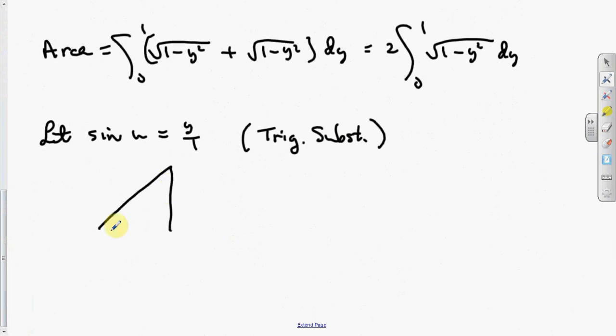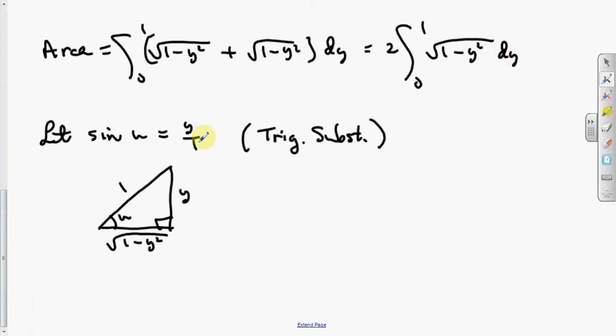So if that's the case, we have that right triangle. Here's some angle u. Sine u equals y over 1, so y is the opposite over 1, the hypotenuse. If you calculate using Pythagoras' theorem, this leg here would be the square root of 1 minus y squared. Well, the integrand involves two things. It involves the square root and it also involves the dy.